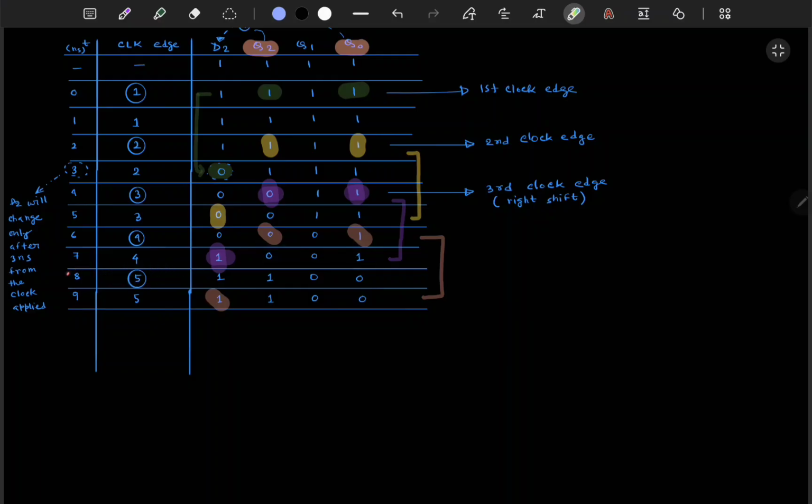Now again after the 8th second one clock is applied, so right shifting is happening, and this will remain the same. And after the 9th second, after this clock 3 nanosecond over, these two XOR will happen, and here it is 1, and the remaining things are the same as there is no clock.